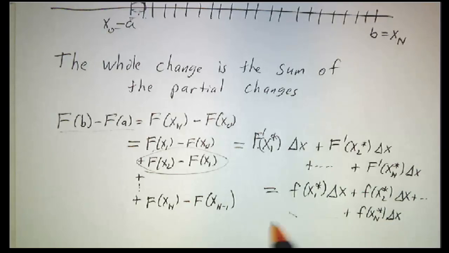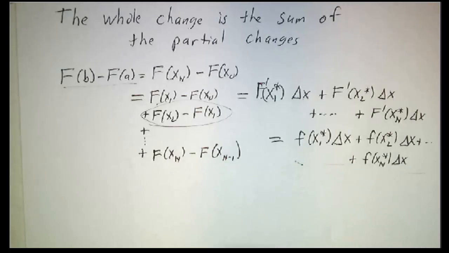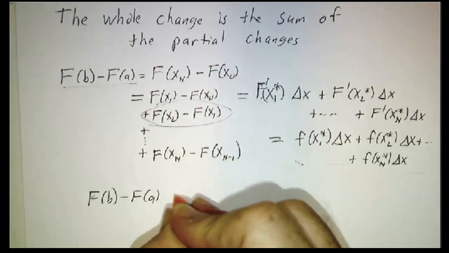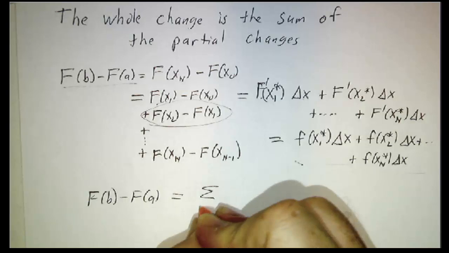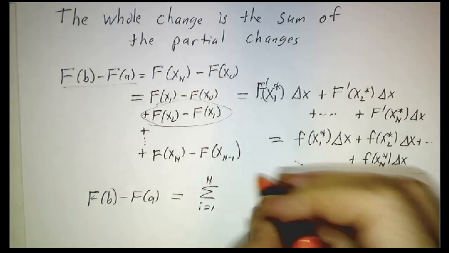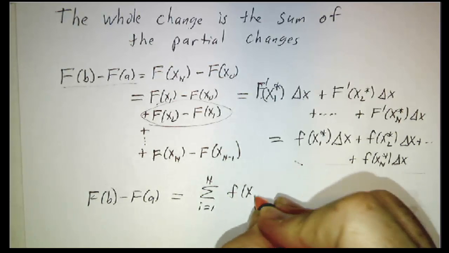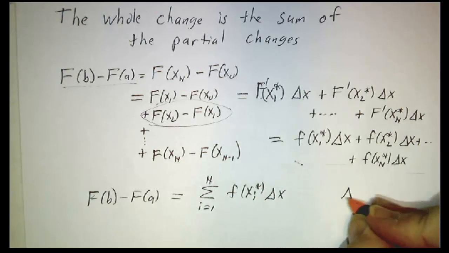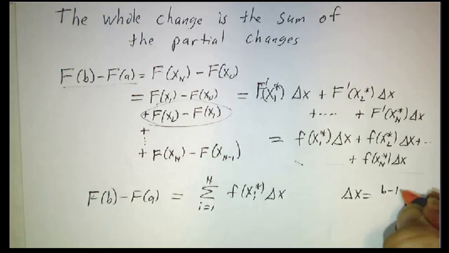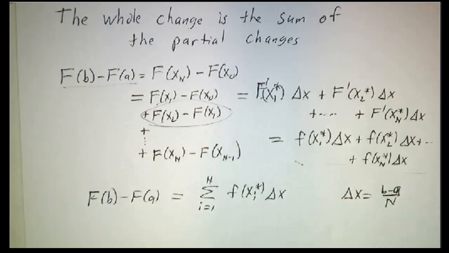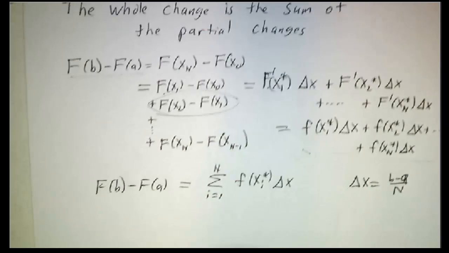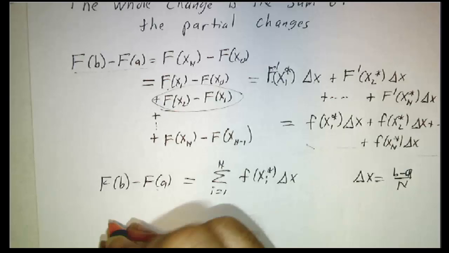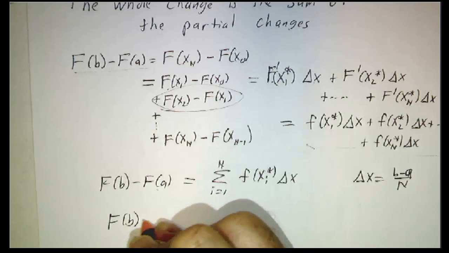Now this is starting to look like an integral. We've got big F of b minus big F of a is the sum, as i goes from 1 to n, of f of xi star times delta x, where delta x is b minus a over n. Now if we take the limit of both sides, the left side doesn't depend on n, so the limit of it is F of b minus F of a.